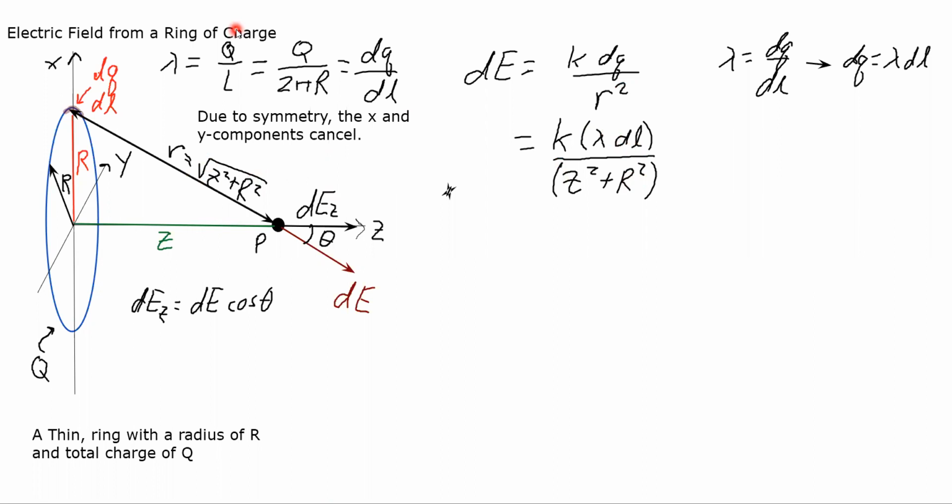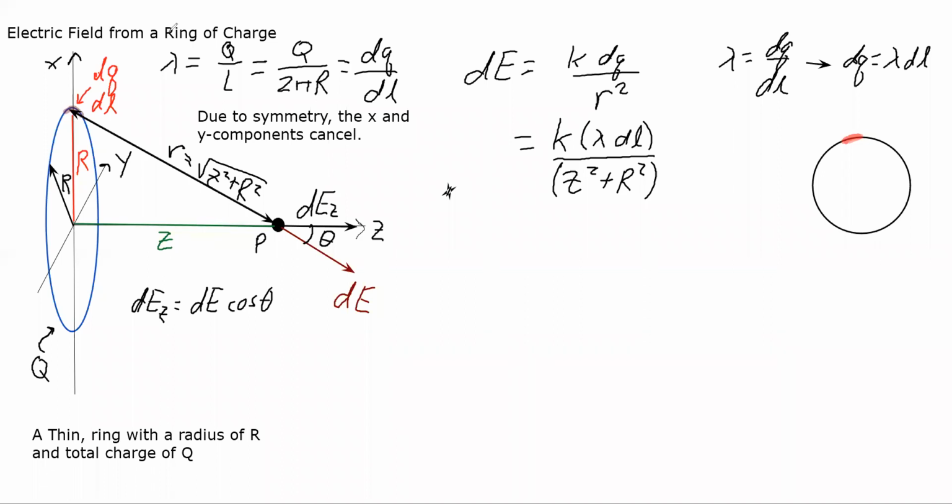Actually, I was going to talk about this dL later, but let's talk about it now. dL is this length right here. Let me draw a circle. We could just call it dL, but let's relate it to some of the values we're given. Let's relate it to the radius.